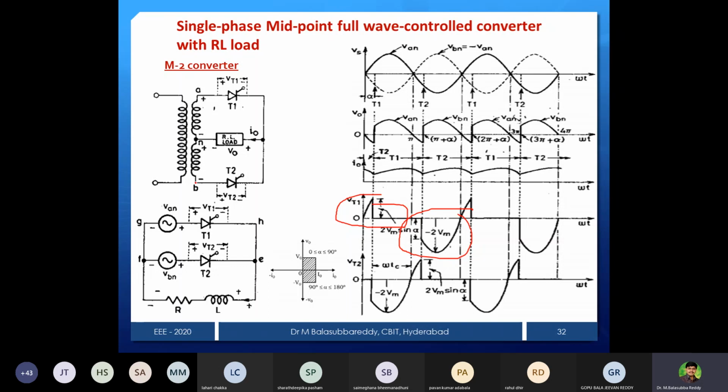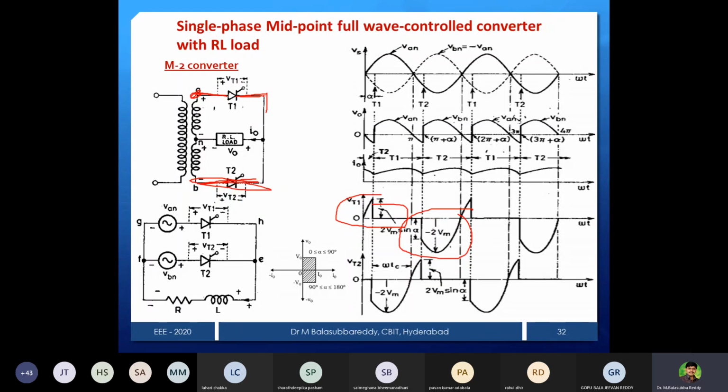Suppose T2 is conducting. I want to measure the voltage across T1. The anode is open in this, and the cathode is on this side. Where it is connected, that voltage is the peak inverse voltage. The anode is connected to point A, and the cathode is connected to where?